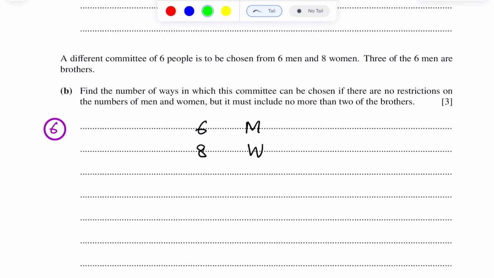Total men are 6, and in these six men, there are three brothers. Let us represent the brothers by B, B for brother. So we can use the letters B1, B2, and B3. These are brothers.